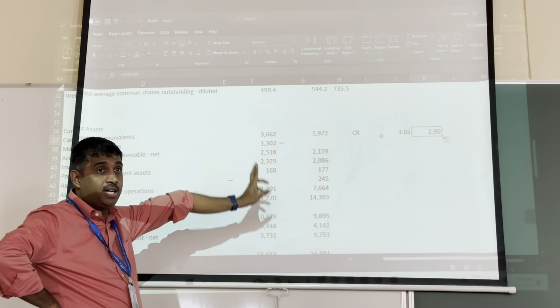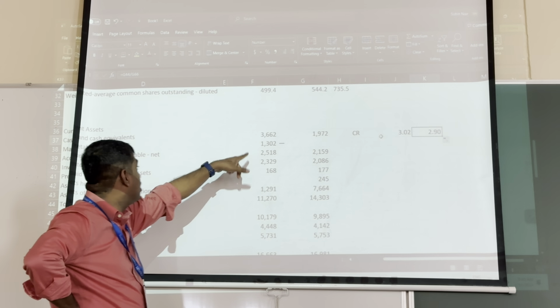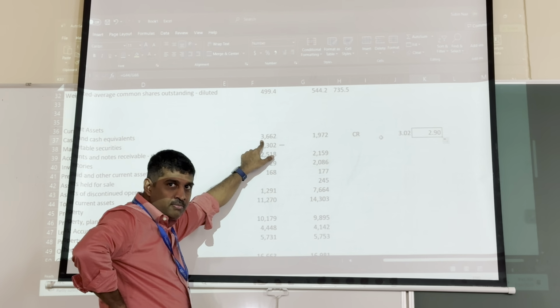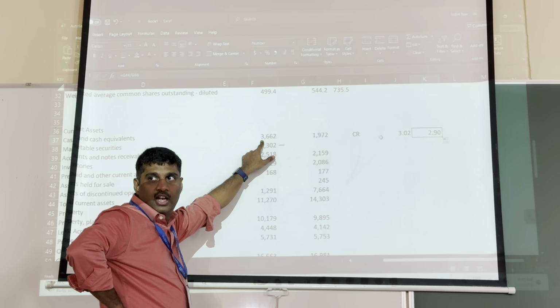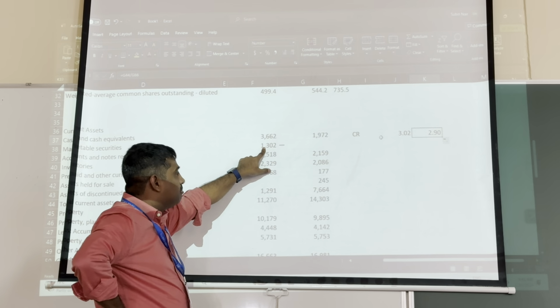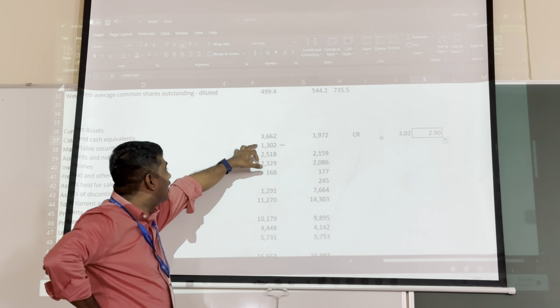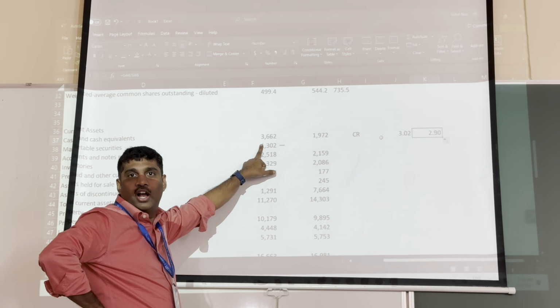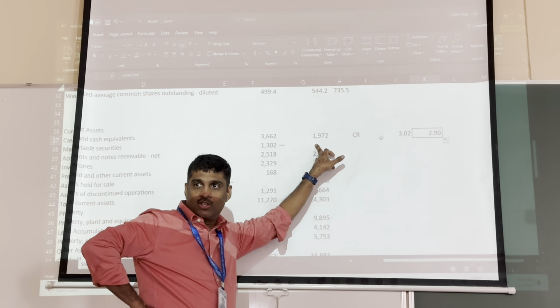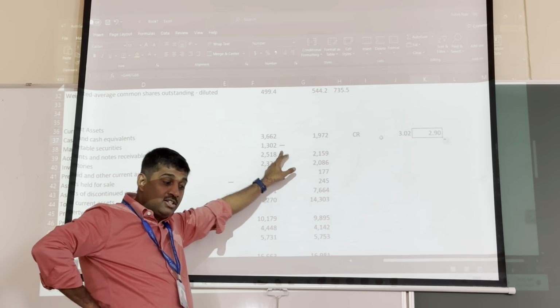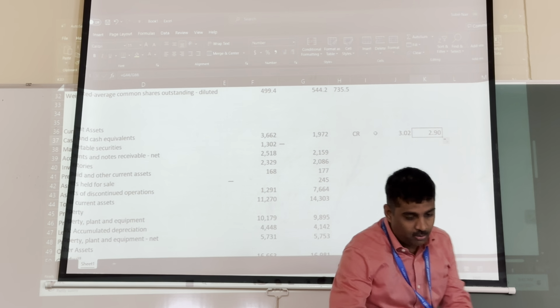The liquidity has improved significantly because look at the cash position, almost 100% increased. Marketable securities again. Collectively, this is almost 5,000 compared to 2,000. So this is a significant improvement.